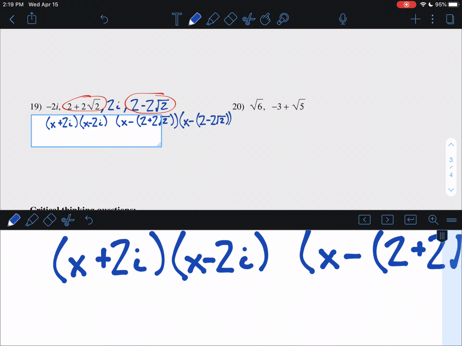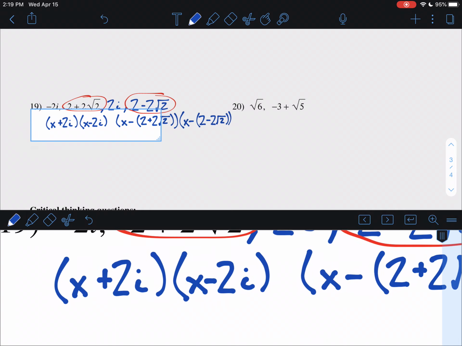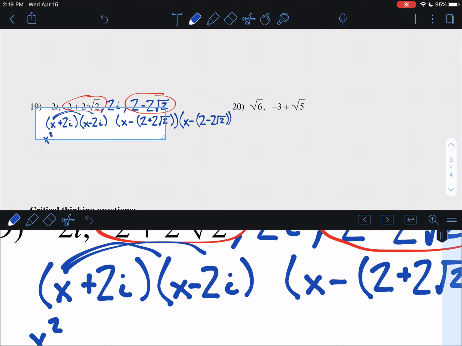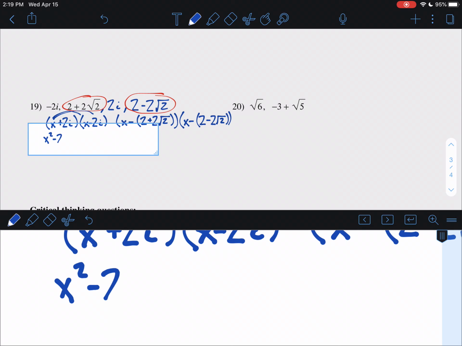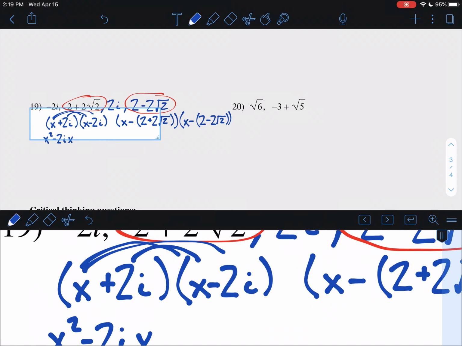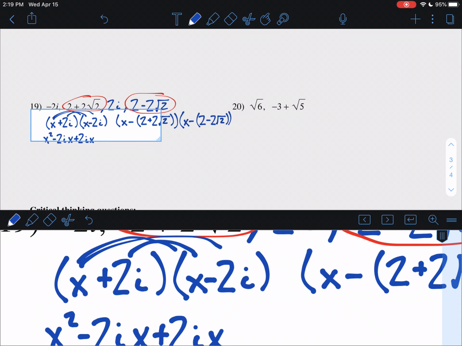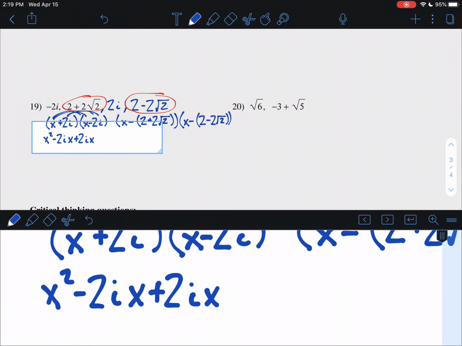Okay, so let's see. x times x gives me x squared. x times negative 2i is negative 2ix. 2i times x is positive 2ix. And 2i times negative 2i is going to be negative 4i squared.